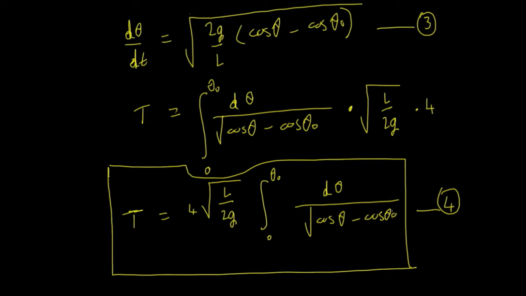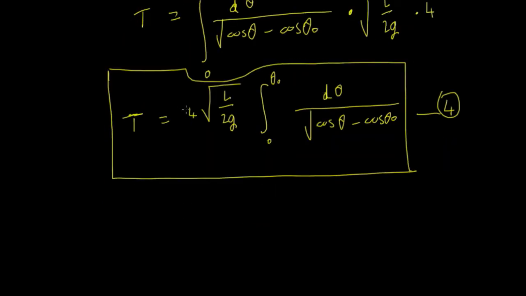We get the arbitrary height, and the maximum height is given by our angle theta naught. Now, it turns out that we can work out this section because we've got the length and we know gravity, so we've got the constants. But we can knock that differential equation into a standard form, and the standard form turns out to be an elliptic integral, which hasn't got any solution in terms of elementary functions.